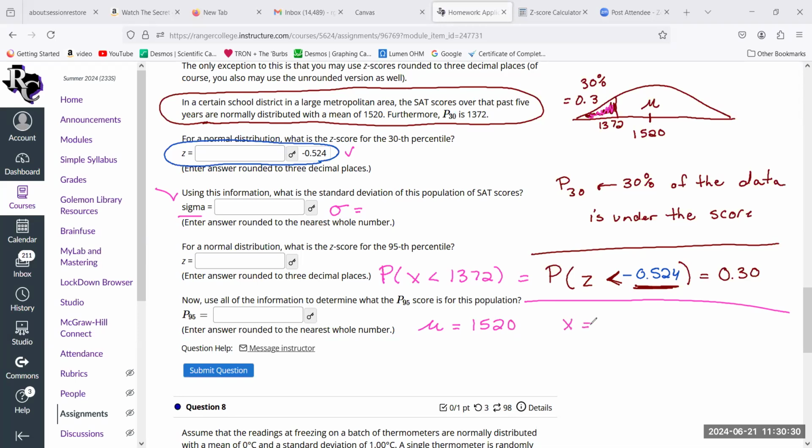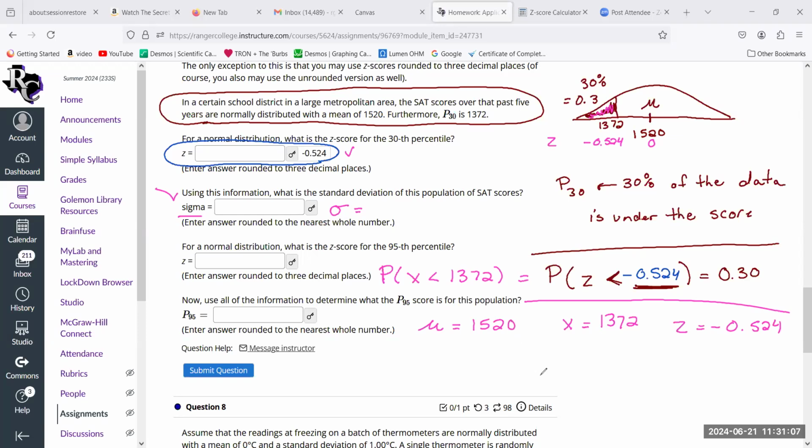So we know that the X of 1,372, its associated z-score is negative 0.524. So we're saying that the z-score version of just all this is this. So that'd be 0. The other one would just be the negative 0.524.